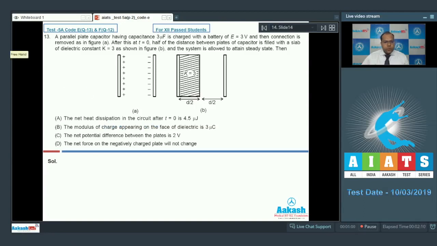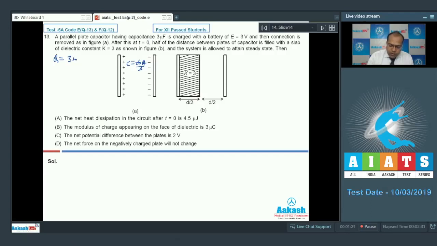So at t equal to 0, if I calculate the charge on the capacitor, the charge on the capacitor is C into V. The capacitance value is given as C, that is epsilon 0 A by D, and this is equal to 3 microfarad.